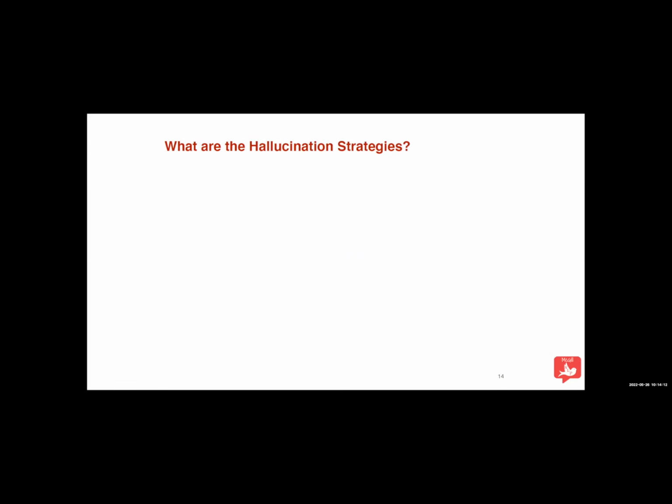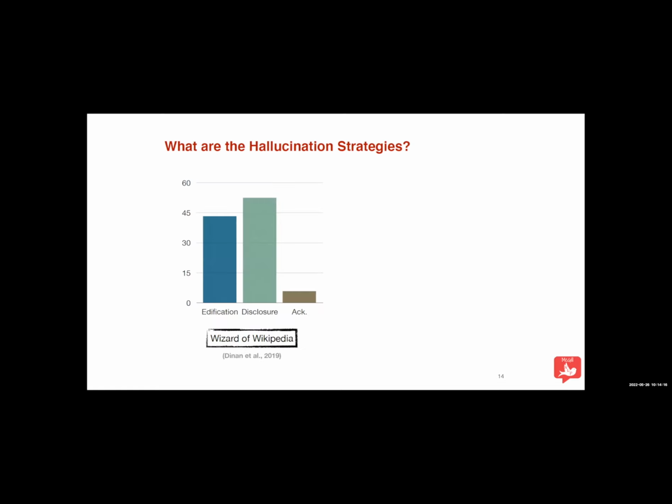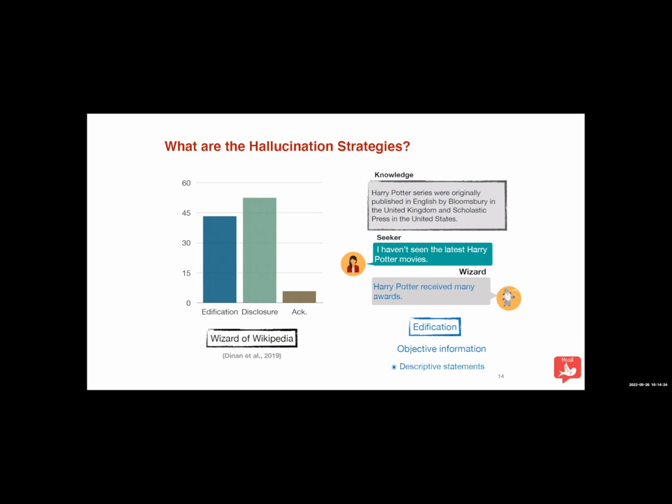So what are the hallucination strategies that wizards use in these data sets? I will talk about three strategies that they mainly use, but mainly two actually. If you look at edification, this is being used close to 45% of the times. Here the seeker says, "I haven't seen the latest Harry Potter movies," and the wizard says, "Harry Potter received many awards."